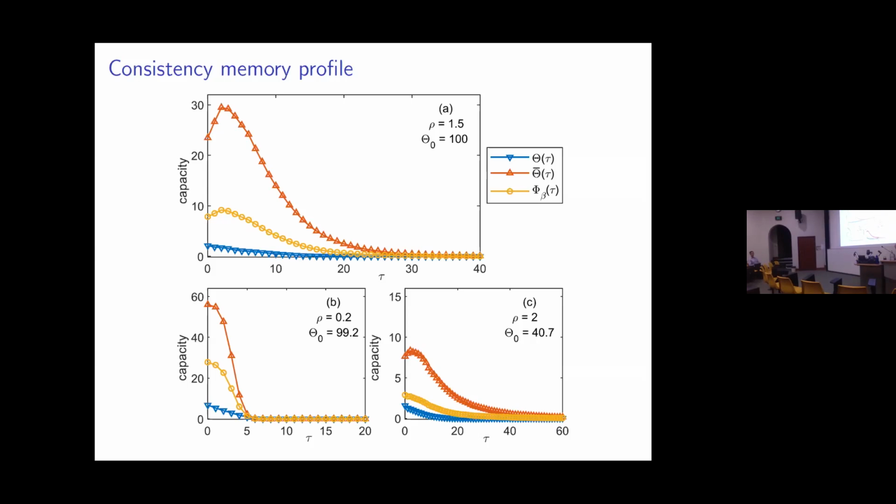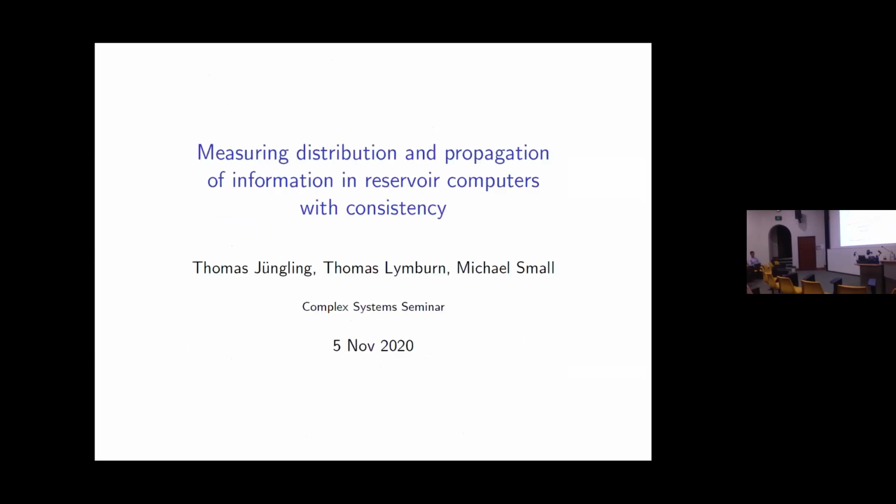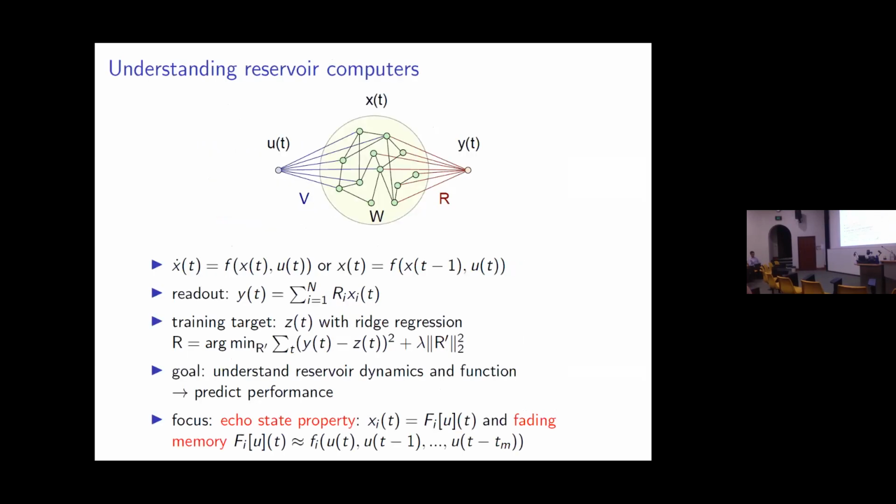I have a general question because from the very beginning, you posed the problem for this reservoir computing that you have a dynamical system where the state at time t depends only on the state at time t minus 1. At least that was very clear for the discrete representation of the system. Yes.